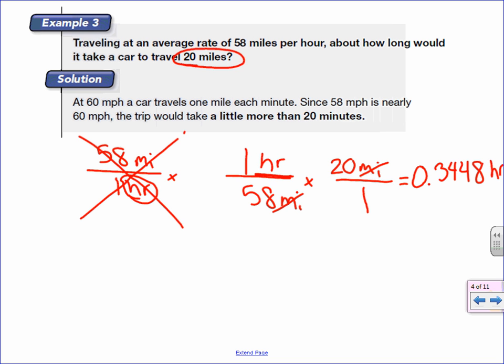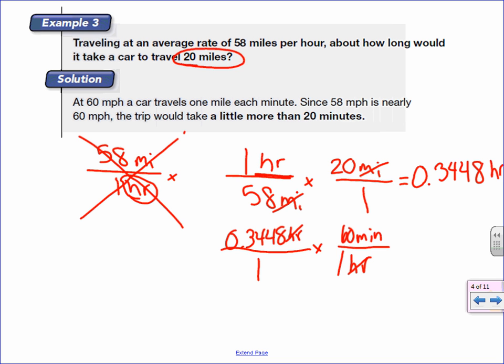Now, I don't typically think about things in hours like that, so I would take 0.3448 hours and convert that into minutes by multiplying by 60 minutes on top and 1 hour on the bottom so that my hours cancel.